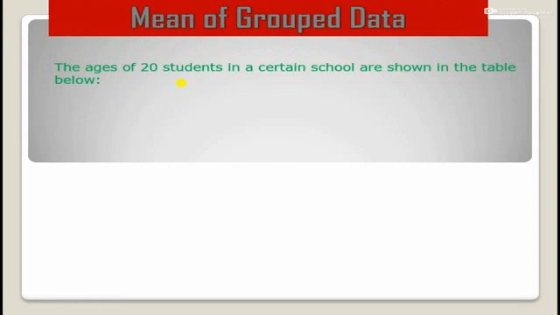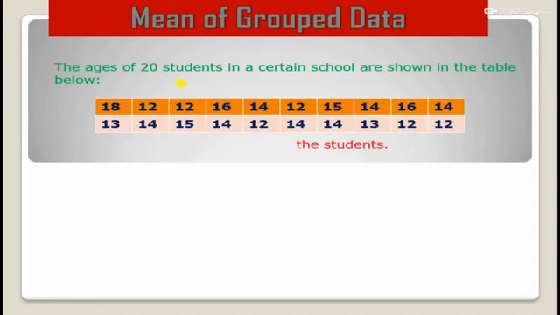The ages of 20 students in a certain school are shown in the table below. Their ages are 18, 12, 12, 16, 14, and so on. You are expected to calculate the average age of the students.